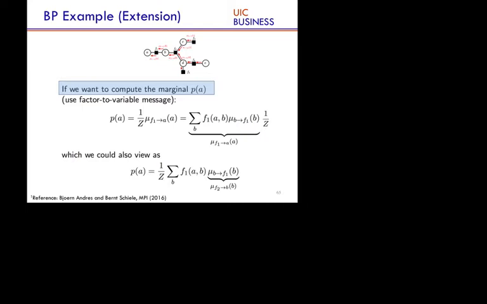So nu of B to F1 is the same as nu of F2 to B. So P of A comma B was just a product of two terms: the factor at the node, F1 of A comma B, and the message we received from the rest of the graph, which was the message from F2 to B. I just replaced that with a message from B to F1.